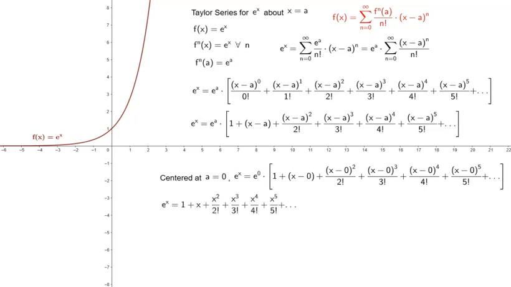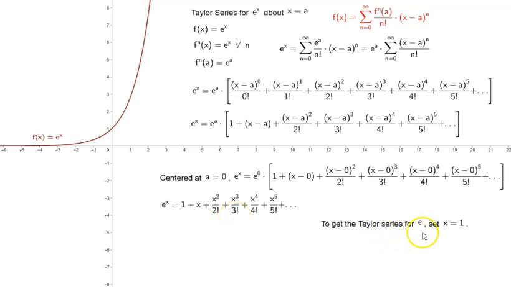And when we simplify it, we get e to the power of x equal to 1 plus x plus x squared by 2 factorial plus x cubed by 3 factorial and so on. So even if you don't remember this, if you just remember the formula for the Taylor series about x equal to a, then you will be able to very quickly derive this.